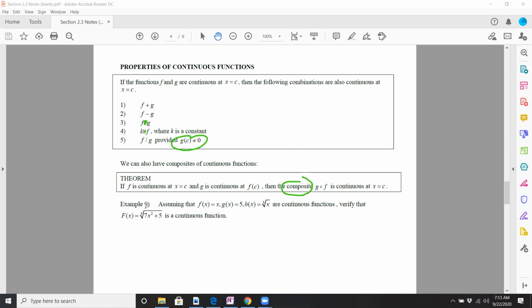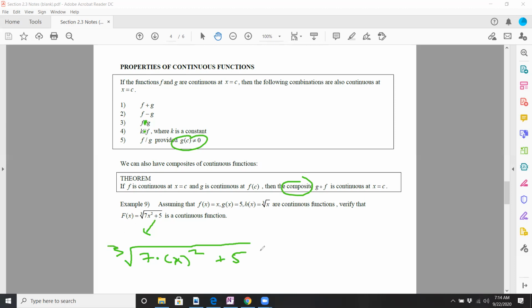What you could do is you could deconstruct this. So we know f of x is x, and g of x is 5, and the whole thing, the cube root right here, is h.